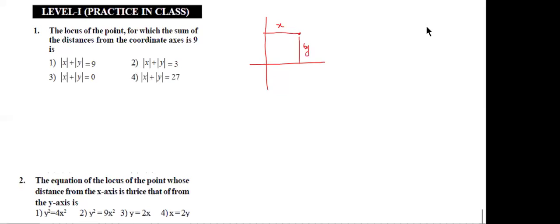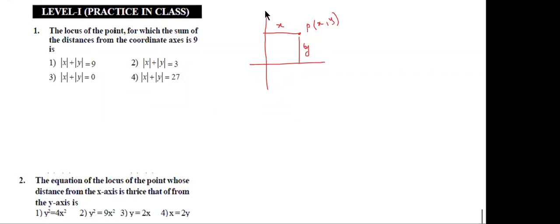I have taken this in the first quadrant. If you take the second quadrant, x is negative, y is positive. In the fourth quadrant, x is positive, y is negative. If you take the third quadrant, both are negative.